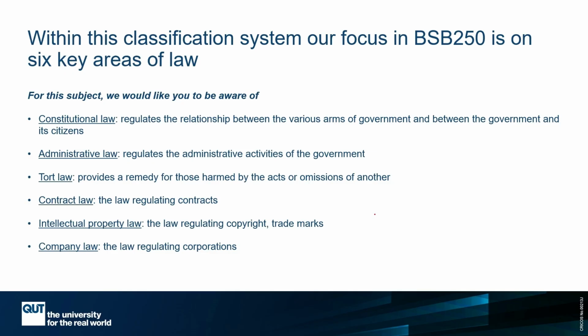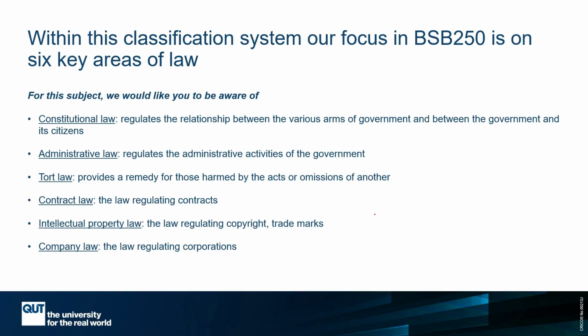Tort law, which is an area of private law, about how careful you need to be. Contract law, doing deals with each other. Company law, the law regulating corporations. Now, it might not be immediately obvious, but each of these areas of law are important to our business environment.